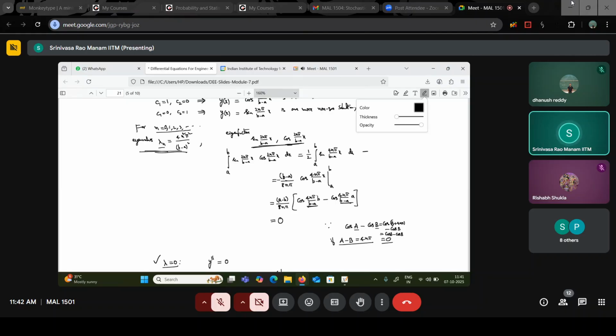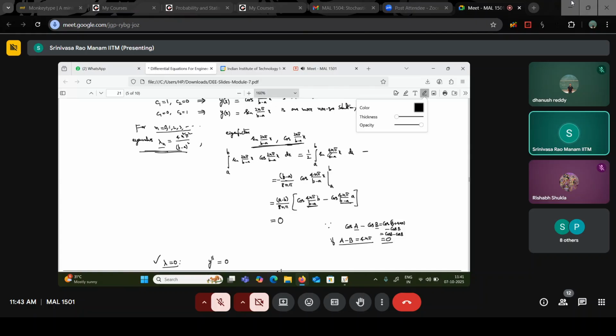As you can see, cos b minus cos a is equal to cos b plus 4n pi minus cos b, because a minus b is 4n pi here. So if you take cos a and cos b, the difference is 4n pi, a minus b.